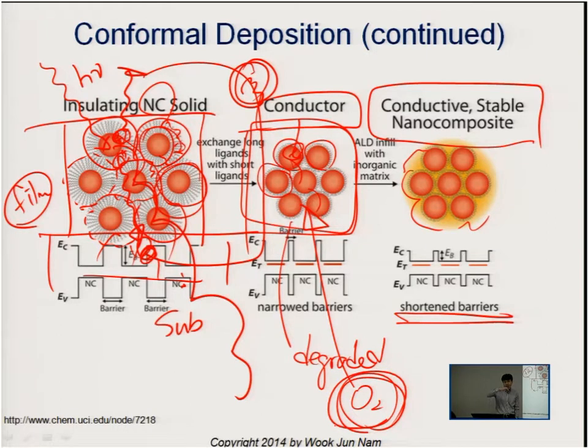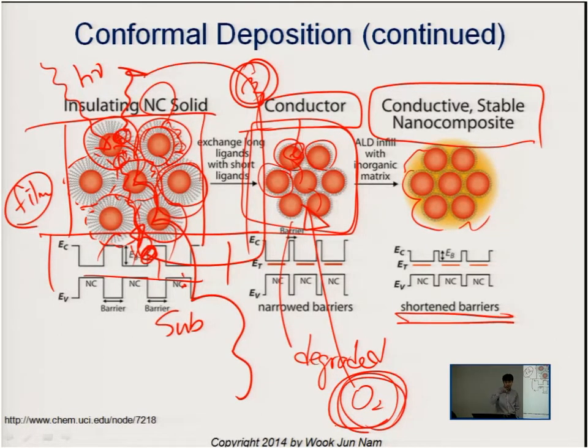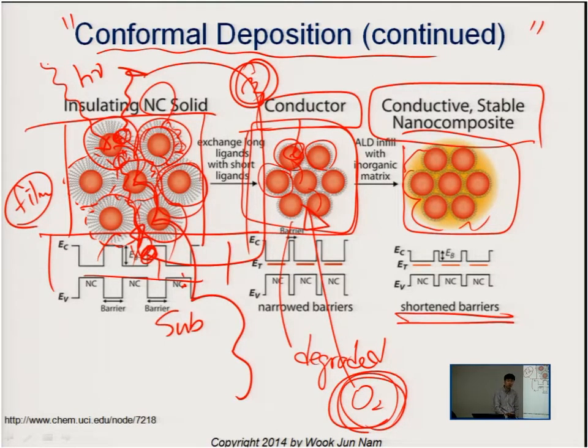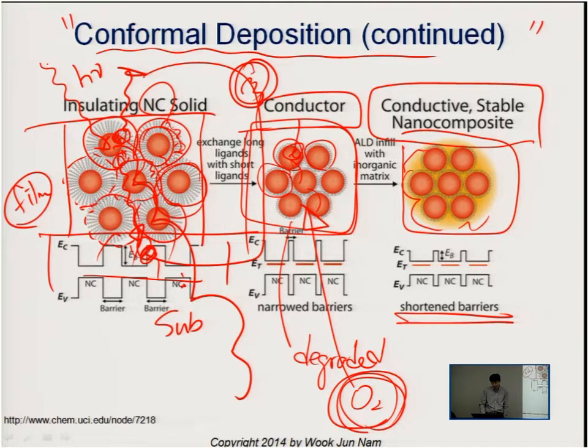If we can encapsulate all of the film perfectly, we can prevent the degradation. But the degree of degradation is very closely related to how conformally we can coat each quantum dot. So in a sense, this is another example: people can use ALD techniques to coat quantum dot materials.